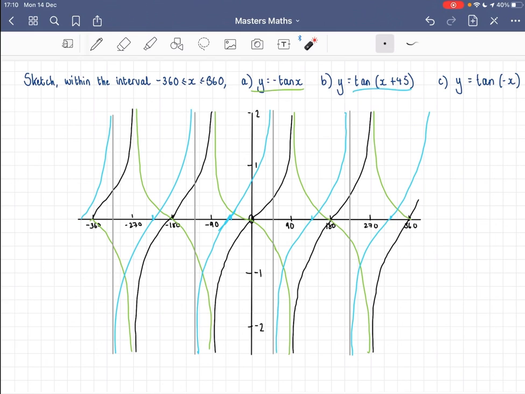And that's it. Those are all of the different transformations of trig graphs that I wanted to show you. And that is everything that we needed to know for this chapter on the A level for trigonometry. So I hope that makes sense.